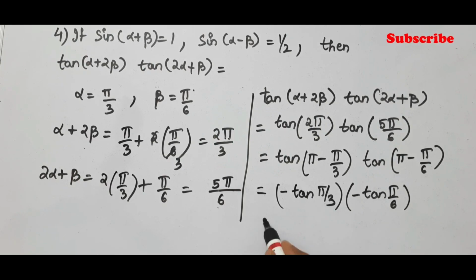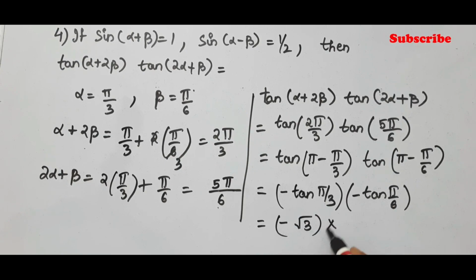Tan pi by 3 is nothing but tan 60, which is root 3. So minus root 3 into minus tan 30, which is 1 by root 3. These two cancel, and minus into minus will be 1. So the final answer is 1.